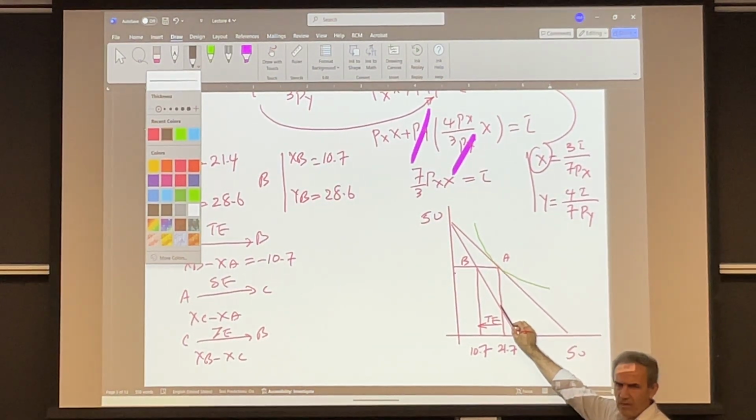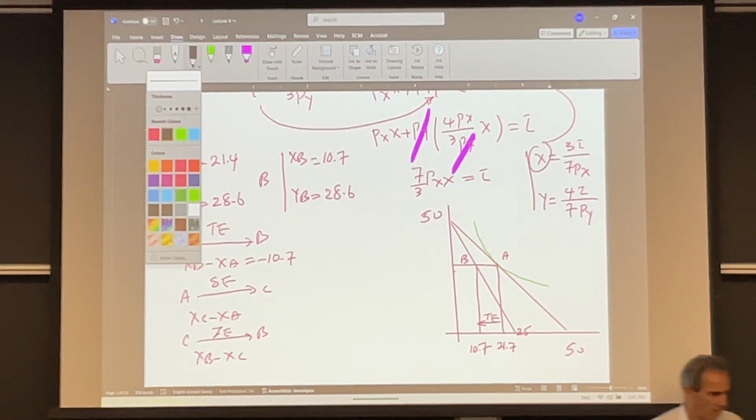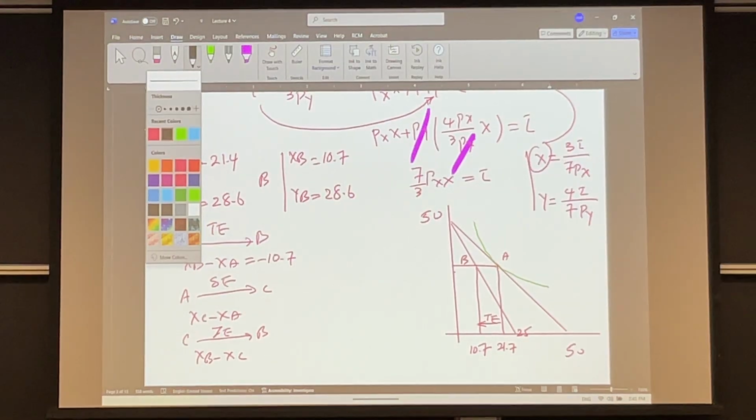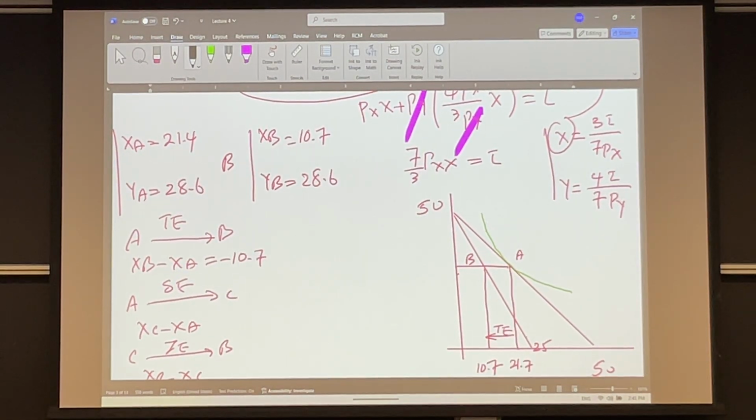To eliminate the income effect, you need to give the individual money. Shift this up. Give him money. Give the individual the lost purchasing power all the way to the tangency. Is it parallel? No. Make it parallel. Is it parallel?